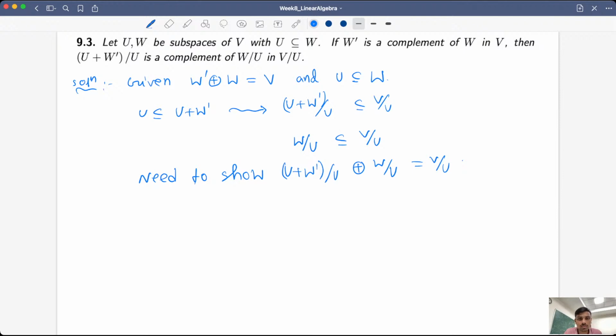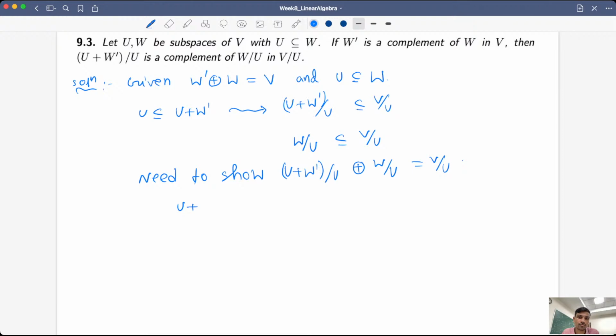If we just analyze this one, u plus w prime mod u, you can see that u plus w prime is nothing but contained in w prime also. I take u so that the quotient makes sense, because I immediately don't know whether u is contained in w prime or not.